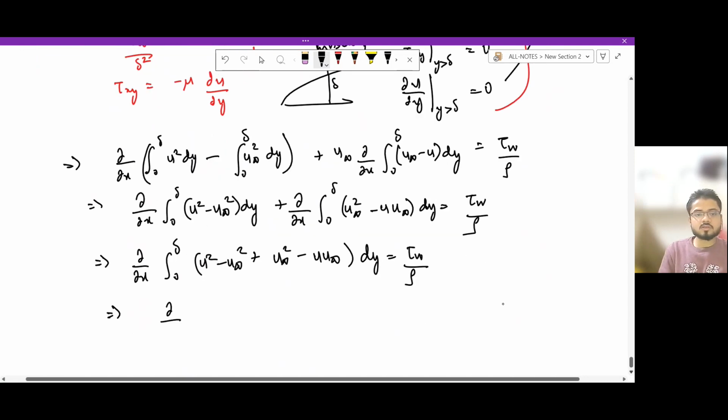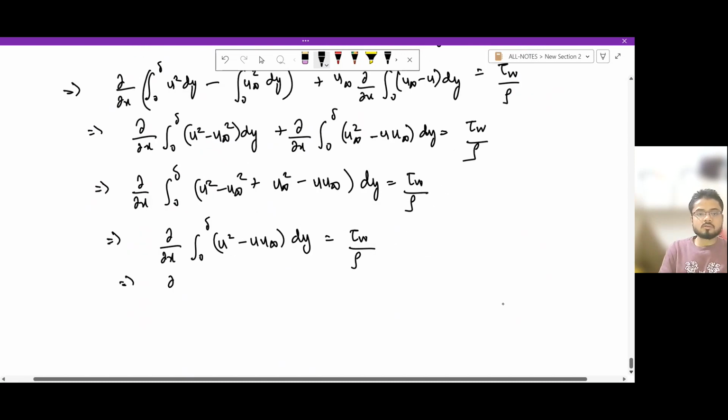And this becomes del over del x integral 0 to delta of u squared minus u infinity dy, equal to tau wall over rho.